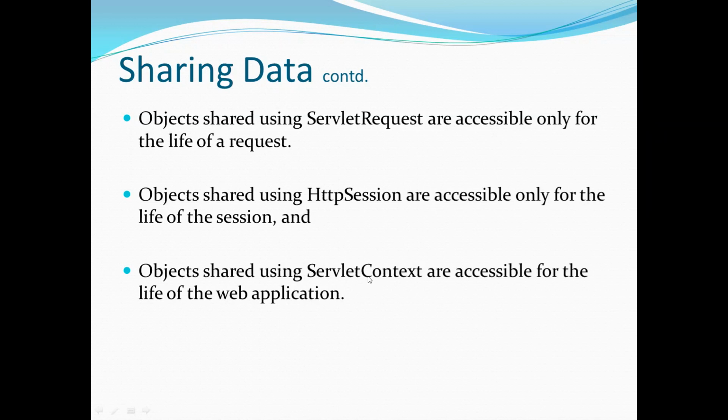If you want to set the value into the context dynamically at coding time, then you can get the object of the servlet context and use the method set attribute, and you can get the value by using the method get attribute. So I'm going to tell you how to set the value into the servlet context through code, not through the XML file that we discussed yesterday.